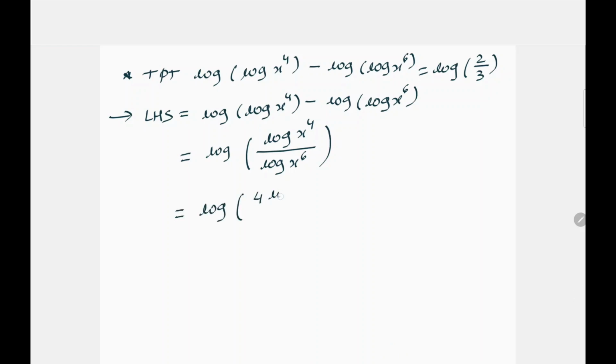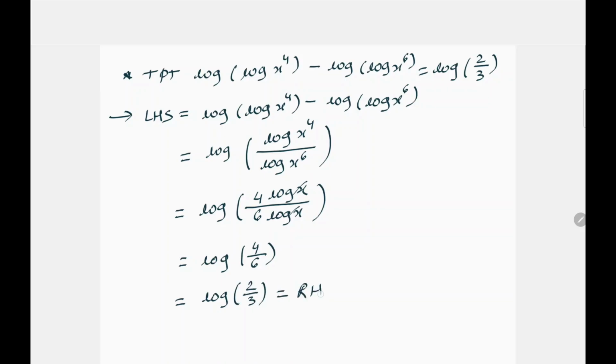So we get 4 log x upon 6 log x. Log x will get cancelled. So we get log 4 upon 6. It means log 2 upon 3, which is equal to RHS. Hence proved. Next example.